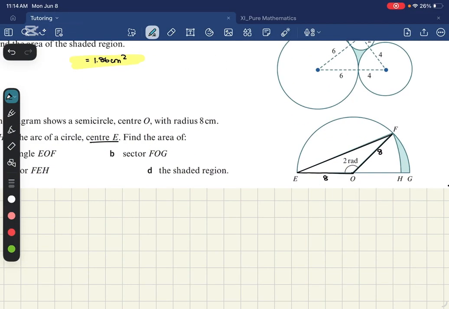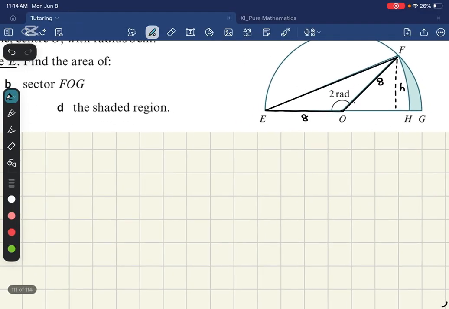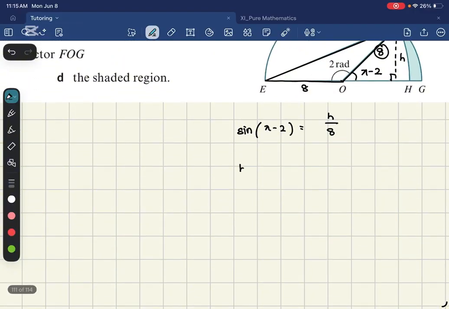So to find the area of this triangle, this is going to be the height of the triangle, right? So what is this angle going to be? Well, it's going to be pi minus 2. This whole thing is 180 minus 2 radians, pi radians minus 2 radians. Now I know that if I take the sine, this is a right angle triangle, sine of pi minus 2 is opposite, which is my height, divided by my hypotenuse, which is 8. So h is equal to 8 sine of pi minus 2, in radians.